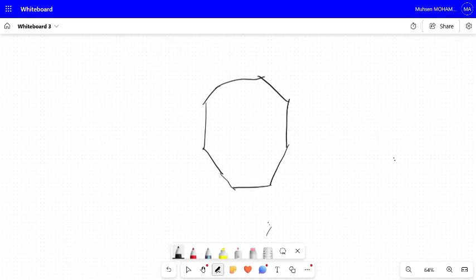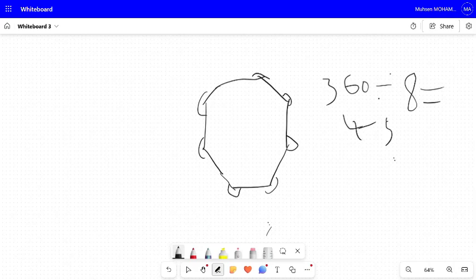We know that the sum of the exterior angles of the octagon is equal to 360. This would mean that each exterior angle would be equal to 360 divided by the number of sides, which is 8, which would equal 45.